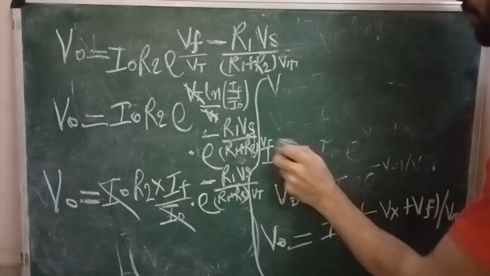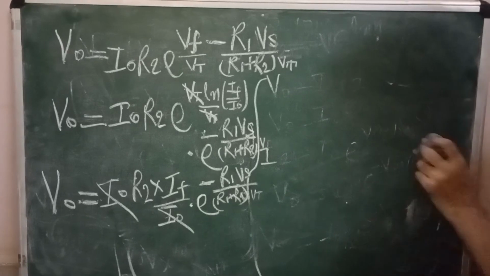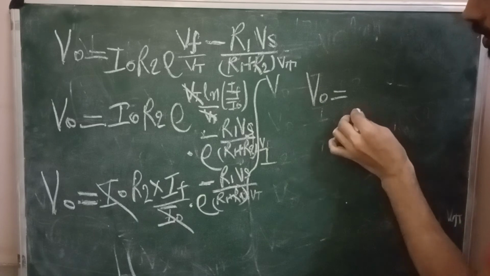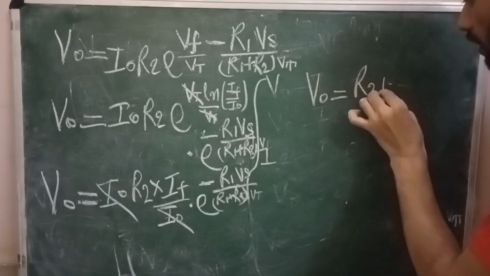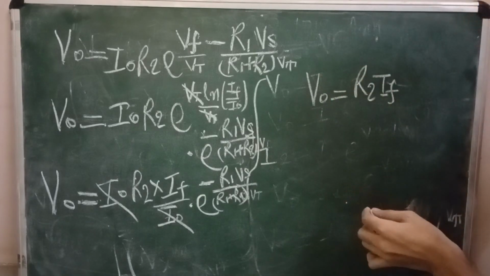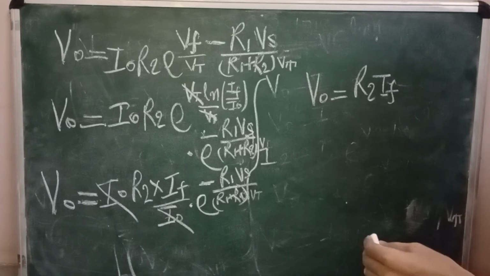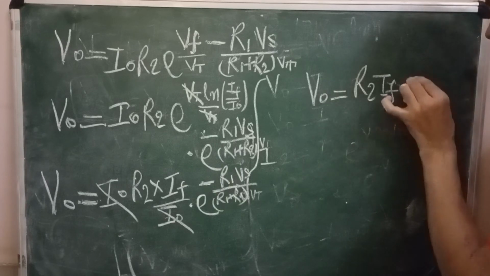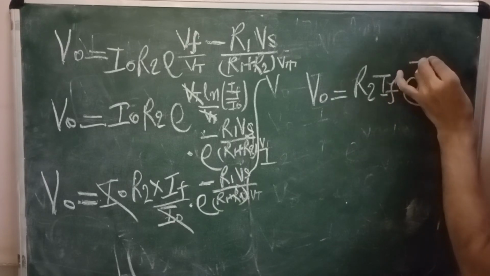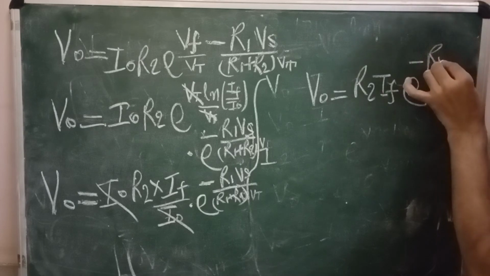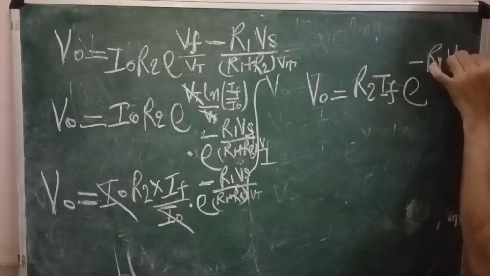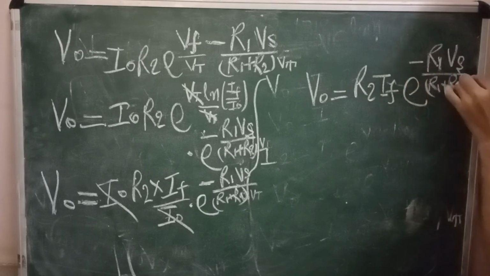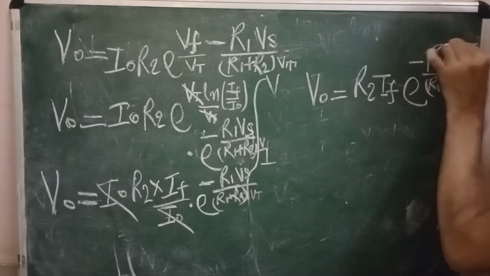Finally we got V0 is equal to R2 If into e to the power minus R1 Vs divided by R1 plus R2 into Vt. So this we got.